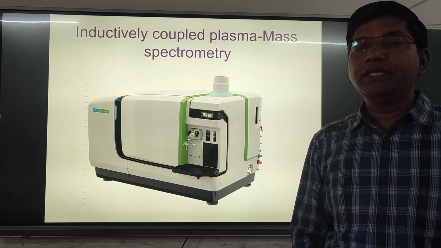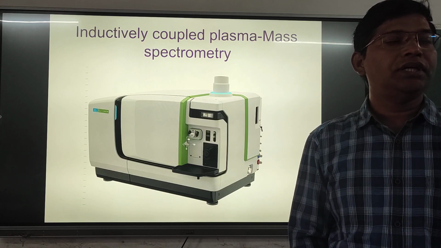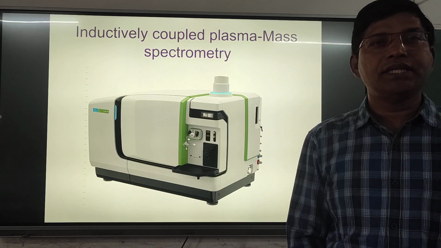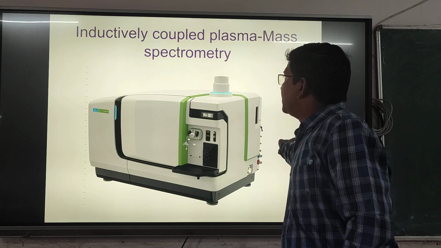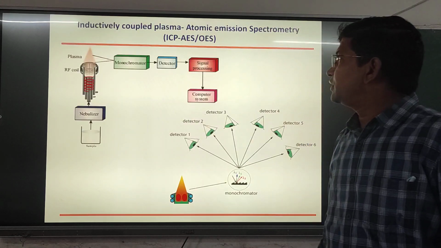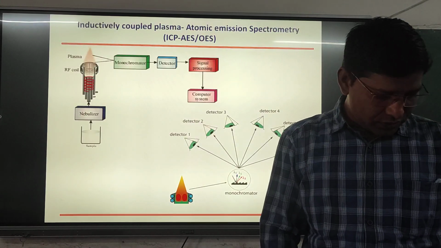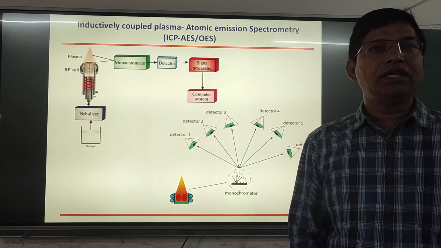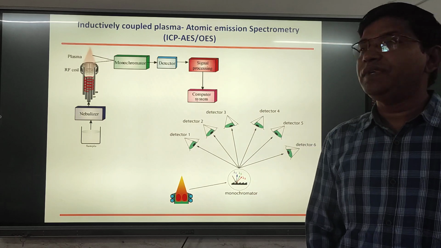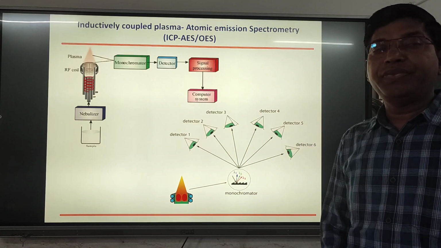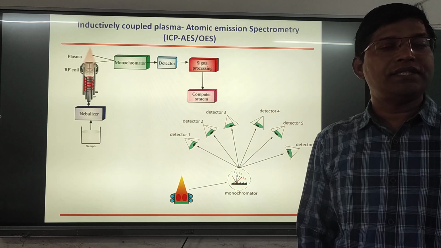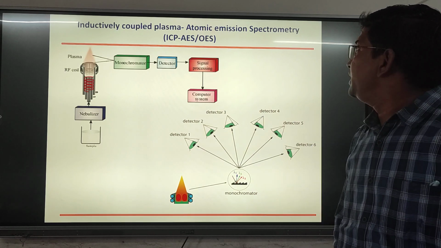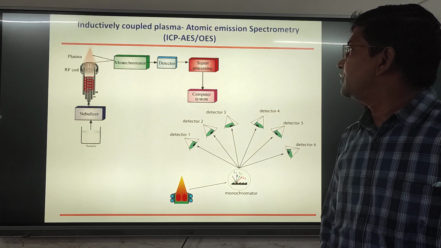And in this class I will also let you know about the principle of ICP-MS, instrumentation, and application of this spectrometry. So before knowing what is an ICP-MS, in the previous class we had seen the principle of ICP-AES, which is also called ICP-OES, optical emission spectroscopy.